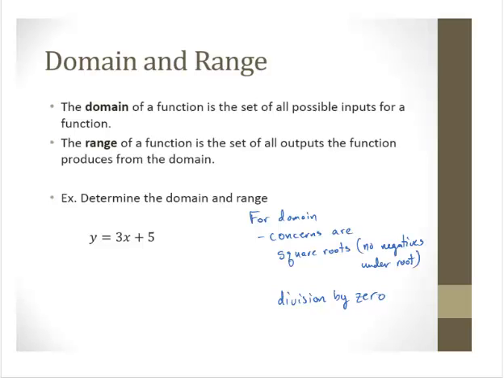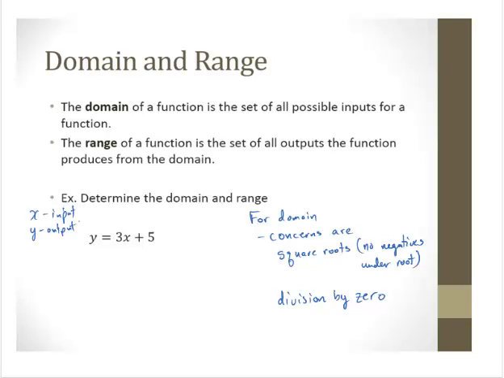So now if we look at this one, y equals 3x plus 5, we're asked to determine the domain and range. So the domain is all possible inputs for the function. Well, let's take x to be the input and y to be the output.